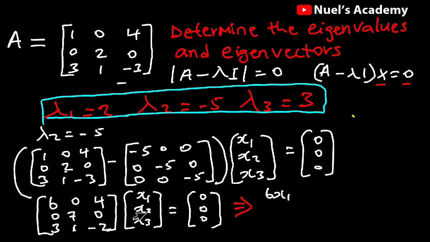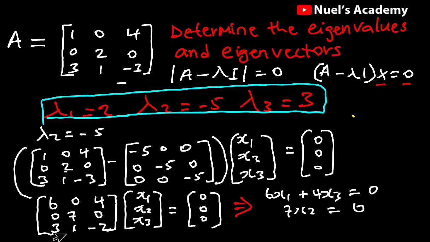Then 0 times x2 is equal to 0. 4 times x3 we have plus 4x3. Then this will be equal to 0. Now the second row, you have 0 times x1 is 0. 7 times x2 we have 7x2. Then 0 times x3 is equal to 0. So all this will be equal to 0.